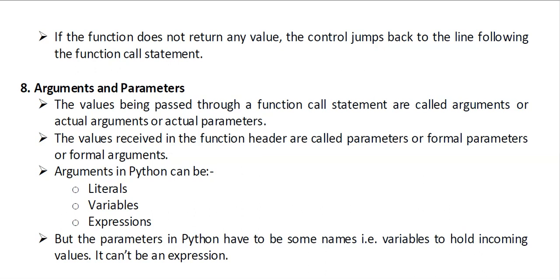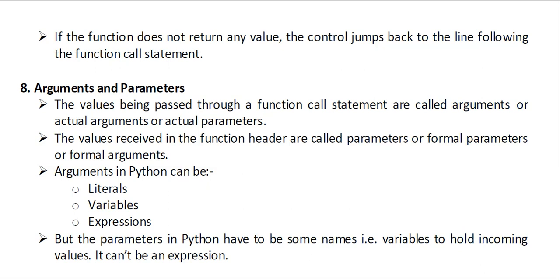Again, let me tell you, the values that you pass in the function call are called arguments or actual arguments. But the values received in the function definition are called parameters or formal parameters.